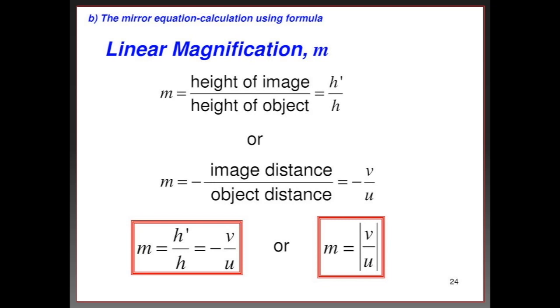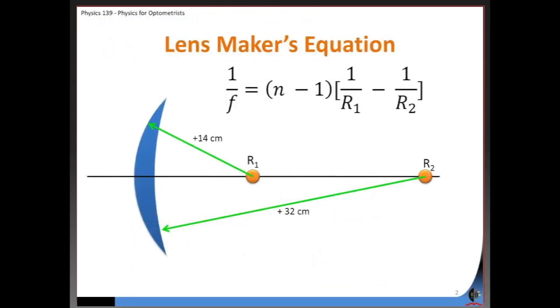On the other hand, if the magnification is less than 1, then we get a diminished image. Remember the formula.